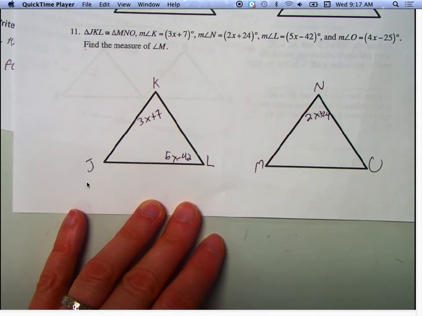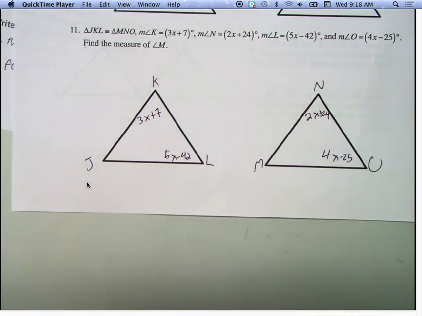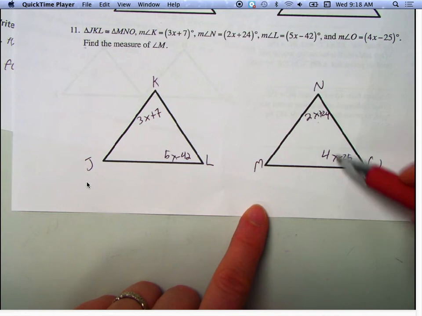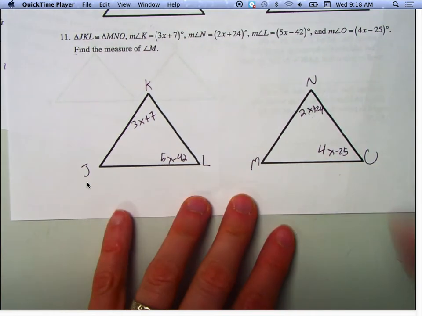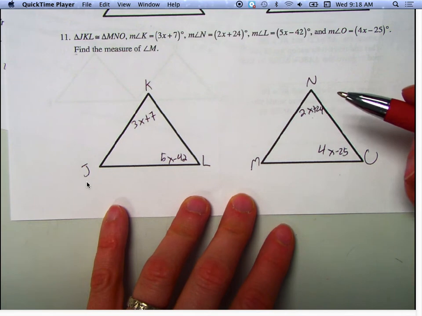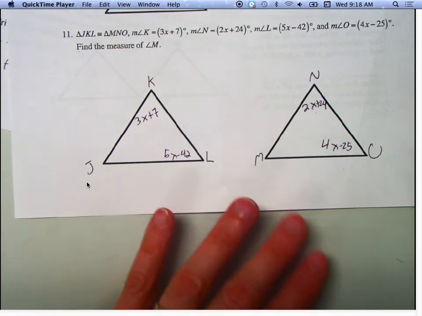And angle O is 4x minus 25. I need to find angle M. What do the interior angles of a triangle all add up to? 180, okay? So do we agree if we found these two, we could find this one? So we're going to set things equal to each other. I'm going to set K and N equal to each other. They're the angles that are equal, right? That's why I set them up that way.